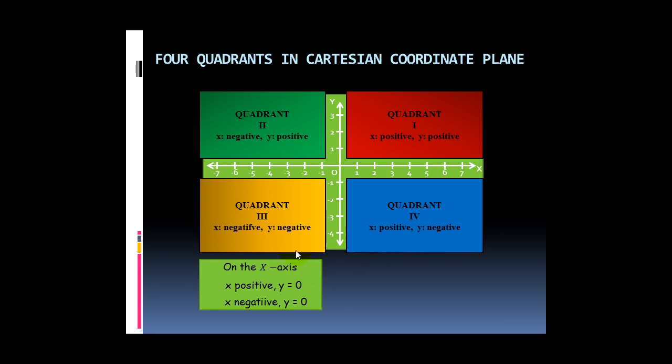Jadi kalau yang terletak di x-axis itu selalu yang diketahui adalah nilai x-nya. Kemudian on the y-axis, gantian berarti selalu koordinat y-nya yang diketahui. X equals 0, y positive, or X equals 0, Y negative.